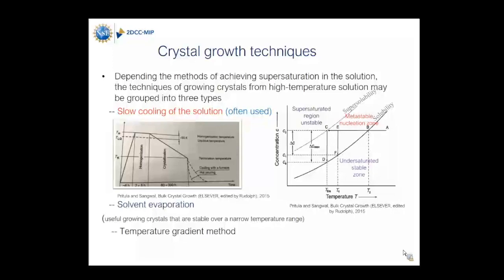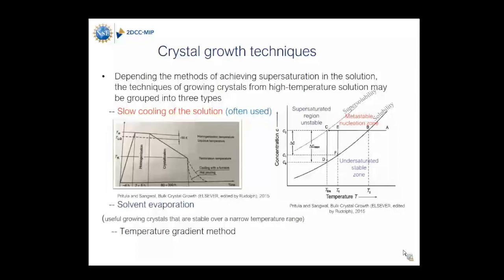Okay. So next, I want to briefly talk about the process of the crystal growth techniques. Depending on the method of achieving supersaturation in the solution, the techniques of crystal growth from high temperature solution can be grouped into 3 types, as listed here.